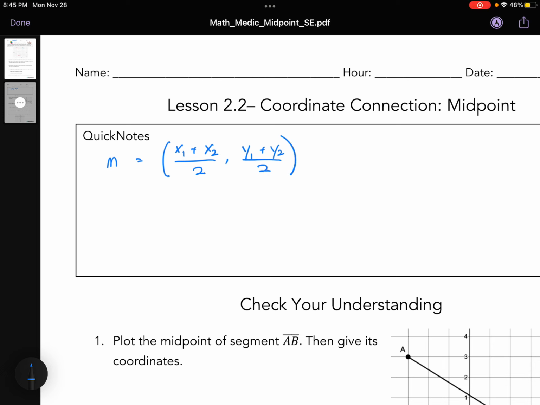Now, what does the midpoint actually do? Number 1, it finds the midpoint between 2 points. Number 2, it's another way of saying finding the average of 2 points.